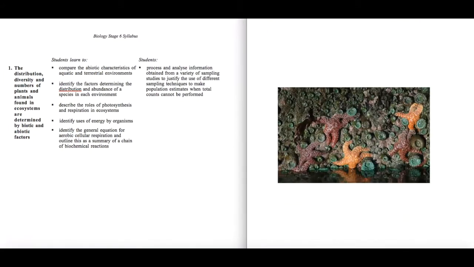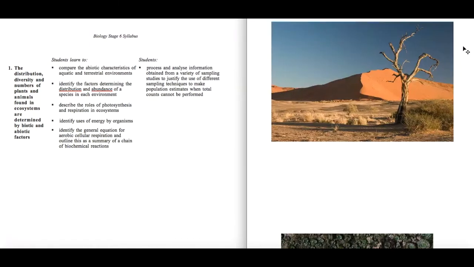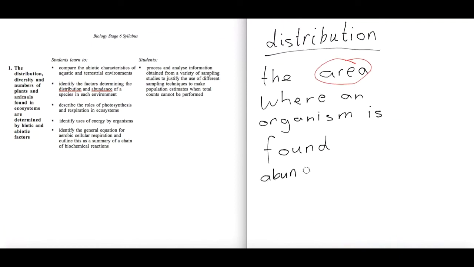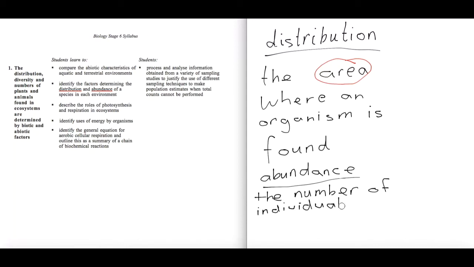Okay, so the next word that we'll look at is abundance. Now, this is a new word that we haven't addressed in any of the videos so far. So, abundance. Now, this is basically the number of individuals of a particular species in an area.